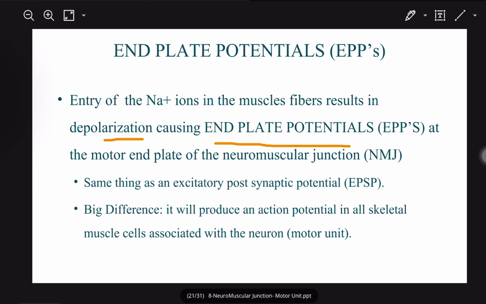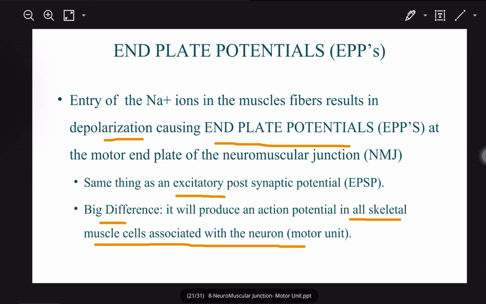Same thing as an excitatory post-synaptic potential. Remember what we talked about, you either excite or not. So it's either excitatory or inhibitory. It's the same. However, we have a big difference between what we talked about with the synapse and now the neuromuscular junction. In the neuromuscular junction, it will produce an action potential in all the skeletal muscle cells associated with that neuron, or the motor unit.